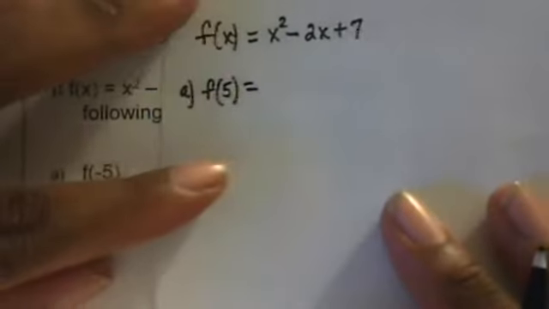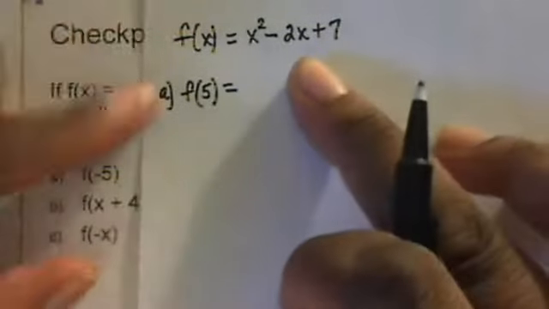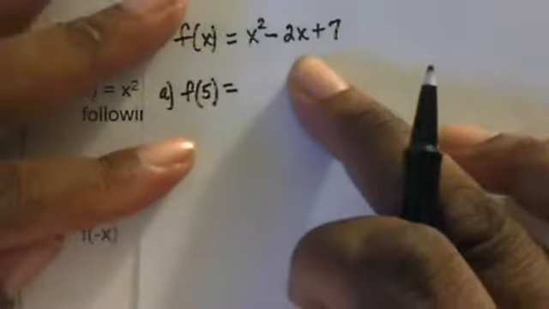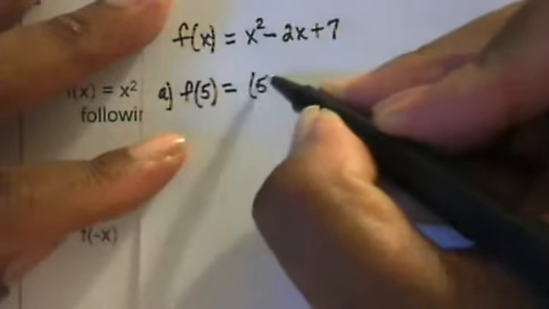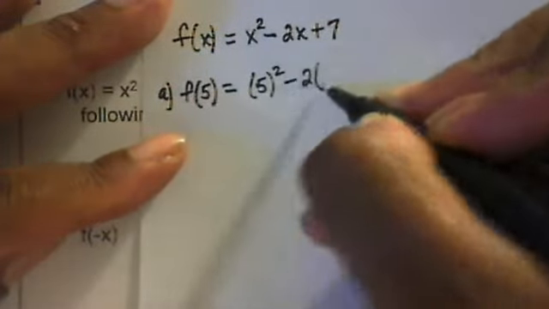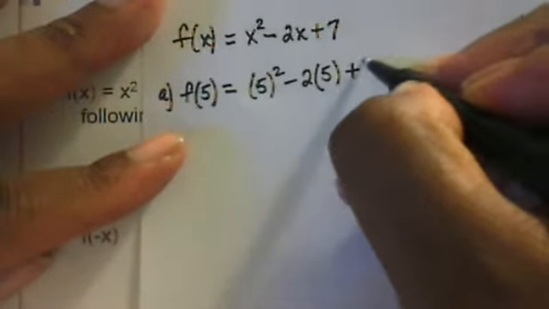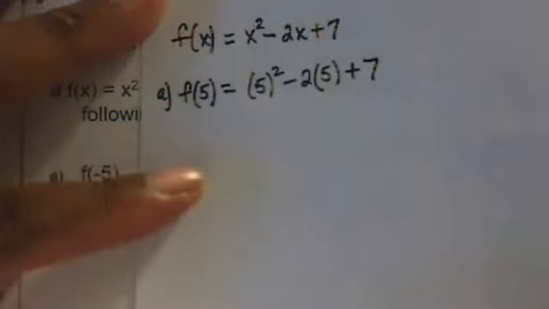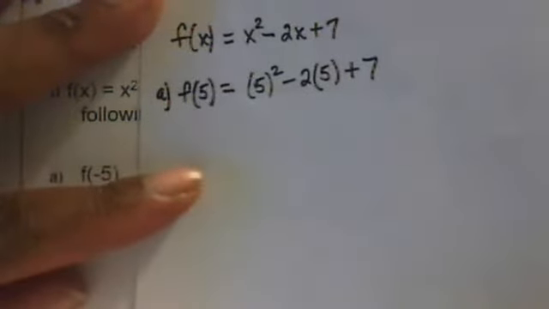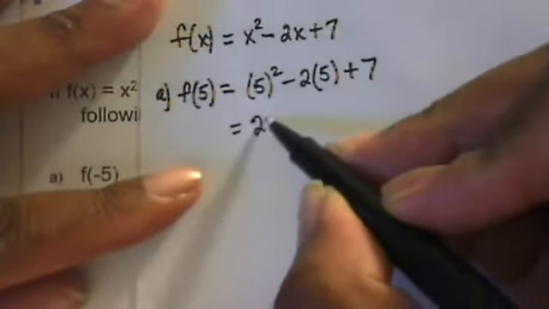Okay. Now to evaluate that, we're going to replace each x in this particular function with 5. So here we're going to have 5 squared minus 2 times 5 plus 7. And then we're going to simplify this. 5 squared, which is 5 times 5, that's 25.